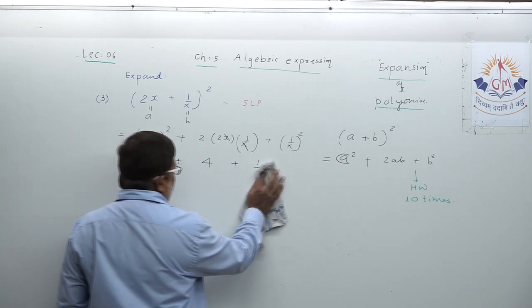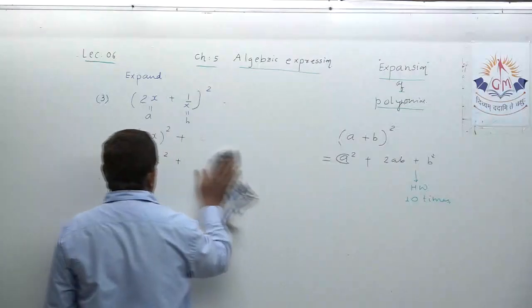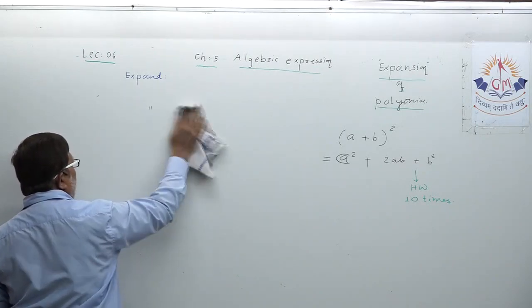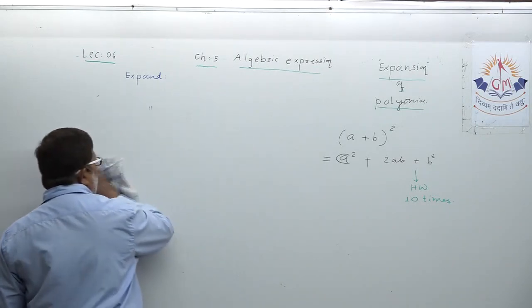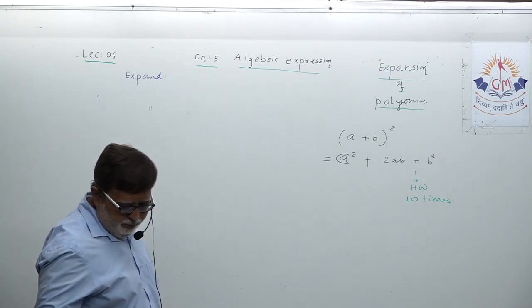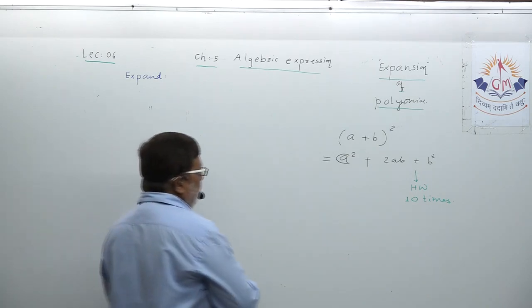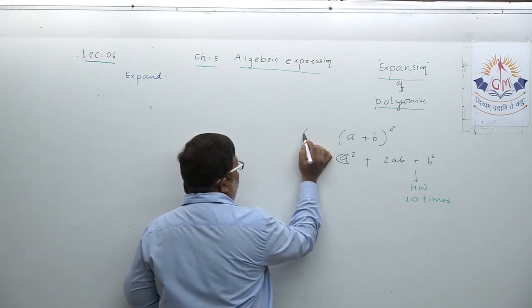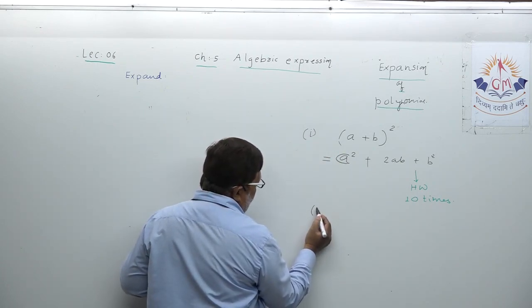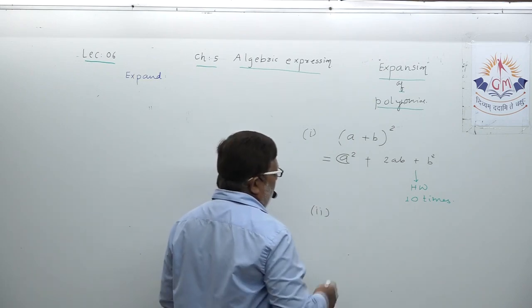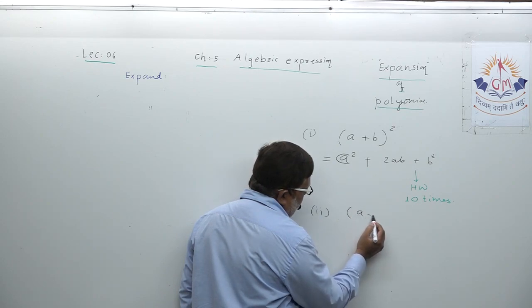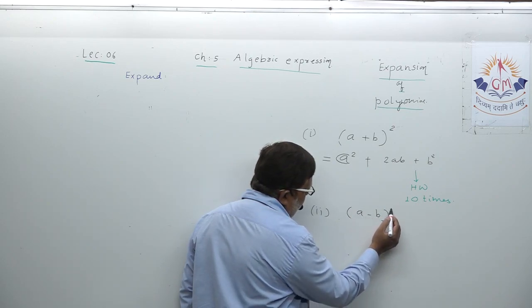Okay, before we solve some more examples, first we have to understand another identity. This is the first identity, and now let me write the second one. Okay, actually just a simple question of sign, a minus b whole square.